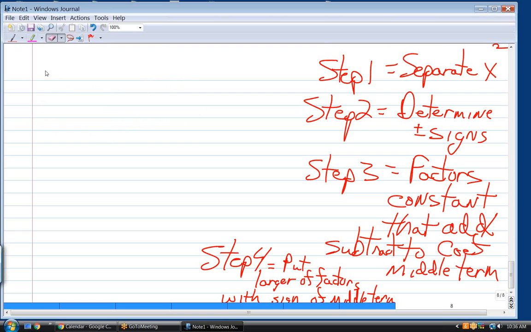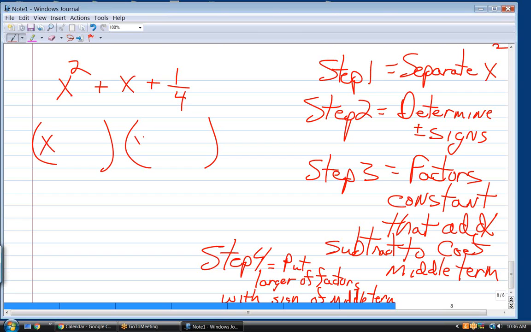Here's one that's a little different. Oh. Yeah, we're not used to seeing them with fractions in there. Separate the x's. What are the signs?